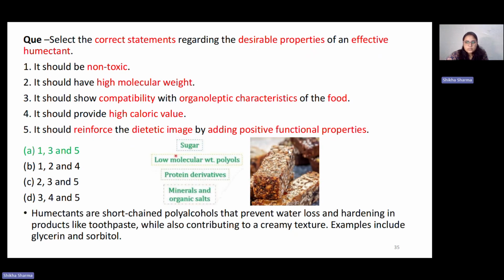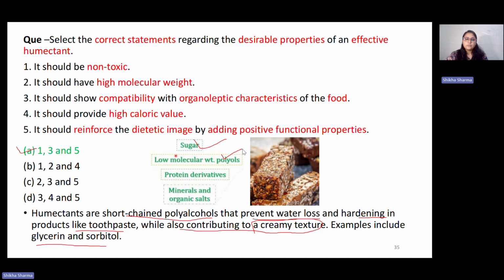Okay, so let's discuss here. Statements 1, 3, and 5 are correct. Humectants are basically short-chained polyalcohols that prevent water loss and hardening in products like toothpaste, while also contributing to a creamy texture. Examples include glycerol, sorbitol, and sugars.